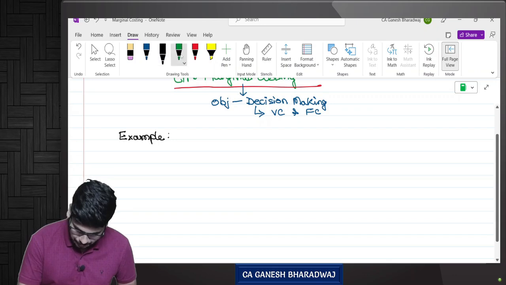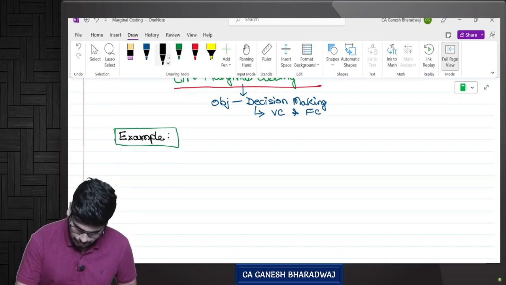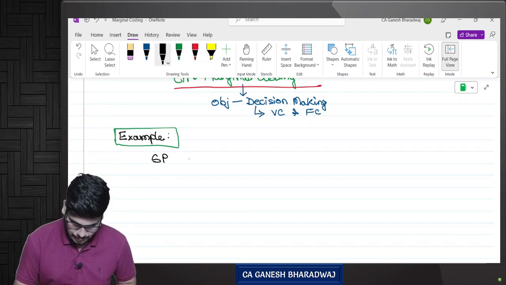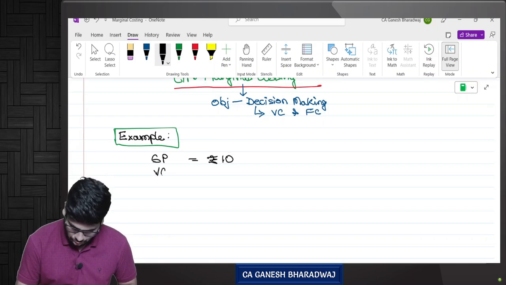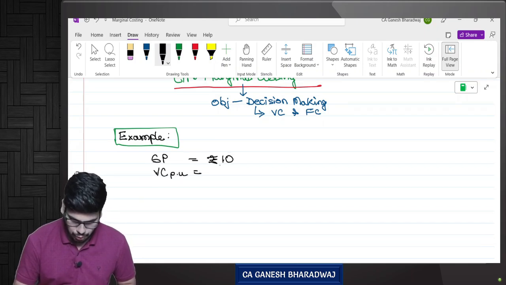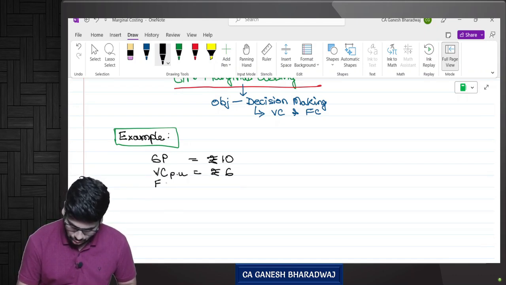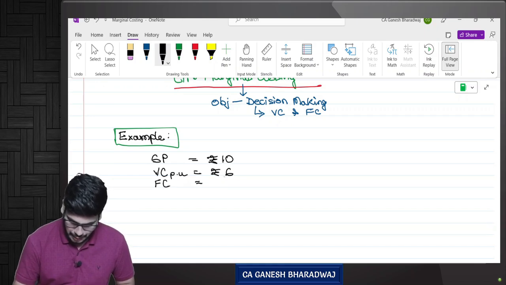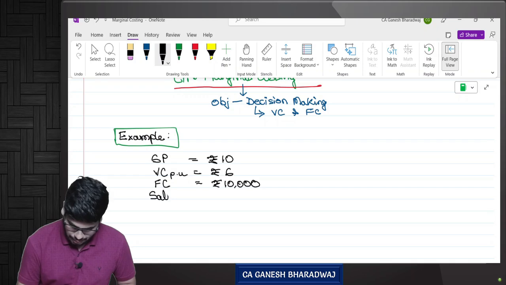Let's say selling price is equal to rupees 10, then variable cost per unit is equal to rupees 6, then fixed cost, I'm just writing a short form FC, fixed cost is equal to rupees 10,000, sales volume is equal to, let us say, 6,000 units.